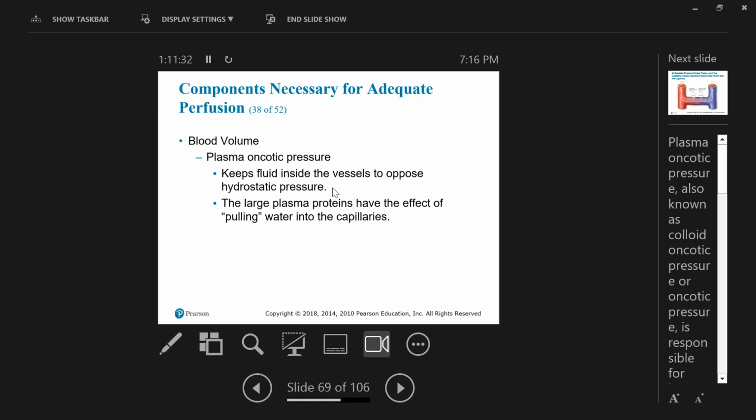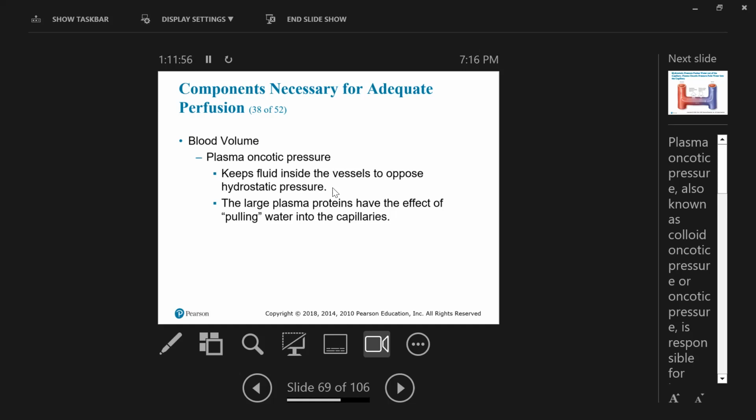Now, if for whatever reason, the hydrostatic pressure is too much and it cannot retain fluid inside the blood vessel, you start losing fluid. You might take the blood pressure of the patient and think, oh, why is it so low? He looks okay, but he's swollen up because the plasma is not inside the blood vessel, it's outside the blood vessels.